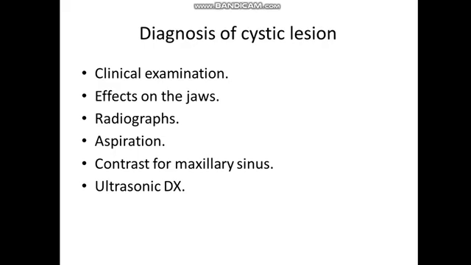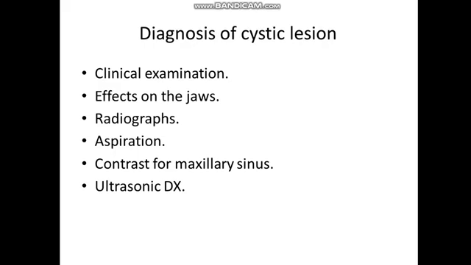As I mentioned before, the clinical examination covers the history of the cystic lesion and effects on the jaws. Radiographs, we said, for small and for large cystic lesions. Aspiration; sometimes biopsy, by taking a piece of tissue and sending it for histopathological examination.